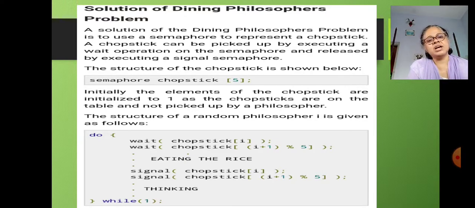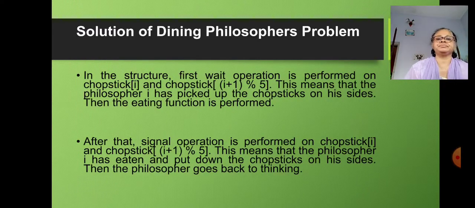Once he has completed, he gives signal on chopstick[i] and then signal on chopstick[(i+1) mod 5], and then he changes his mode from eating to thinking. This is the solution of the dining philosophers problem.